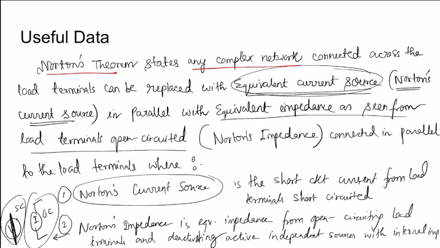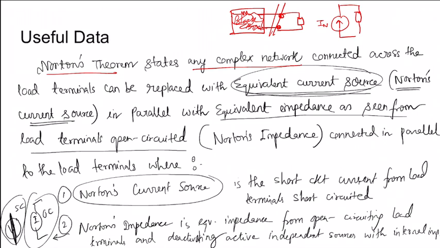Norton's theorem states that any complex network, like this black box arrangement, some network which we don't know, with two output ports and a load connected, can be simplified by replacing it with an equivalent current source I Norton in parallel with Z Norton, the equivalent impedance.